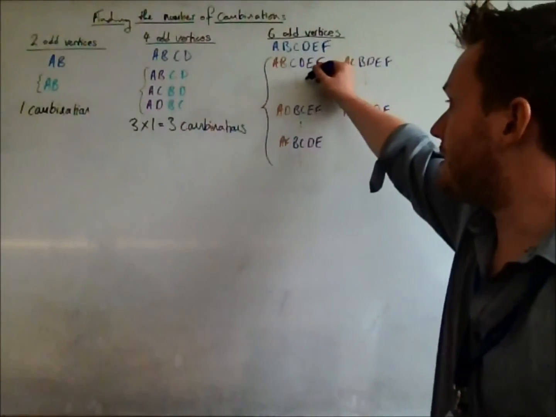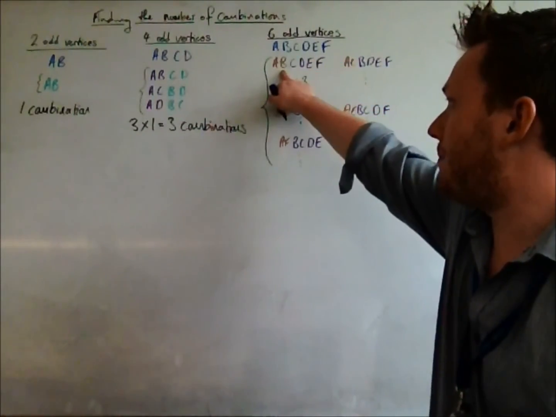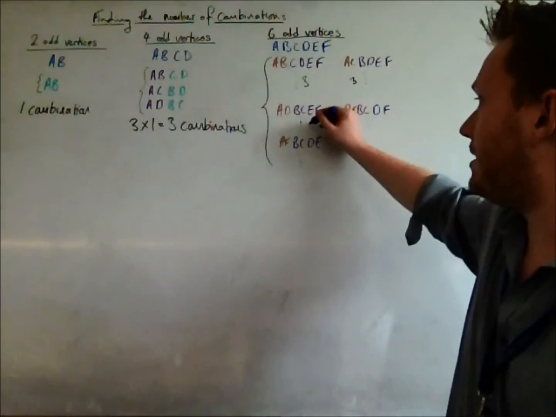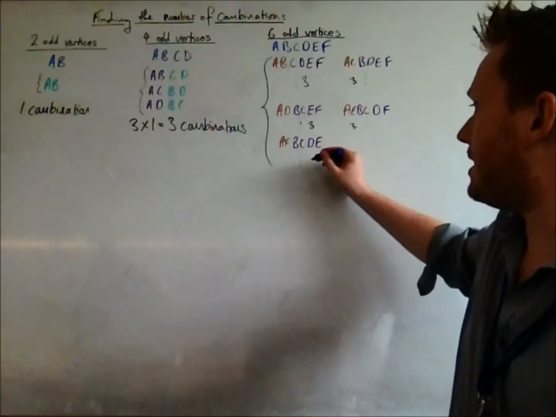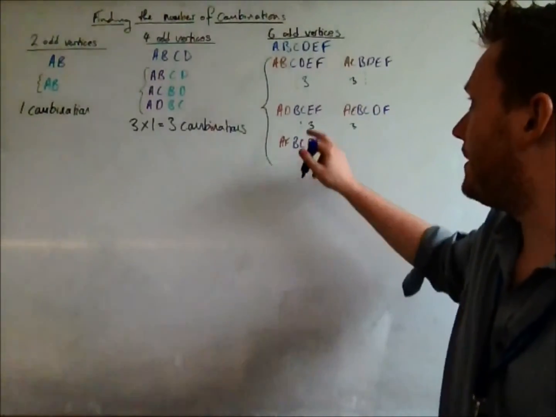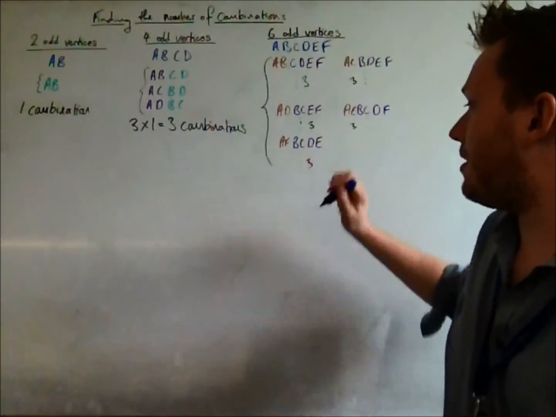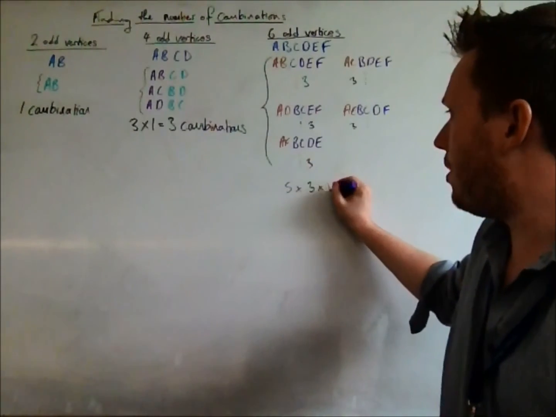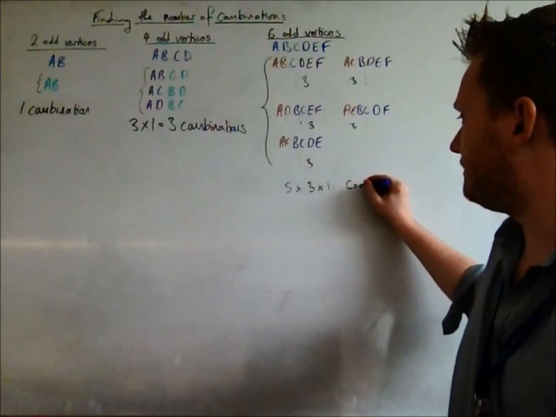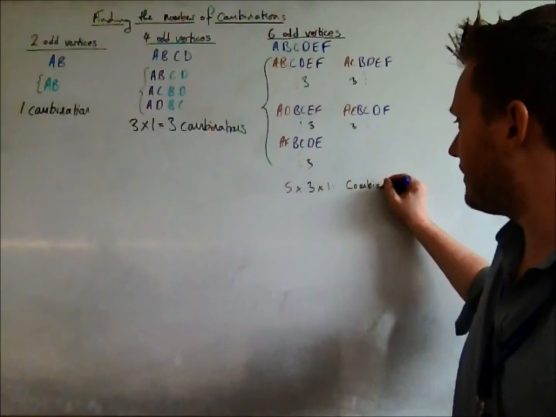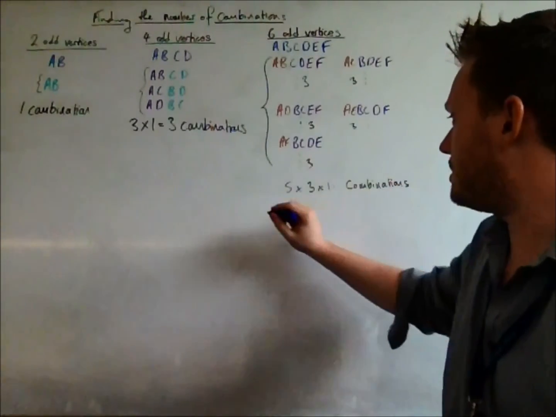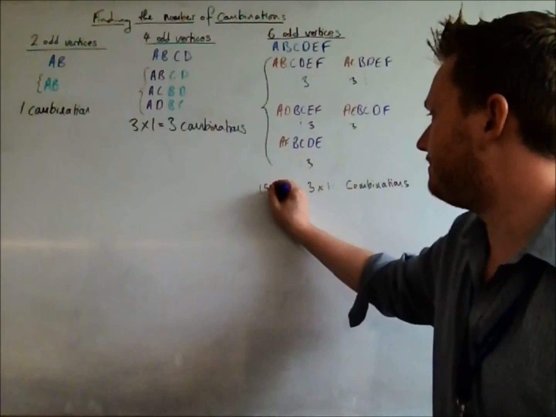So there's 3 ways of pairing up the rest when I pair up A and B. There's 3 here, there's 3 here, there's 3 here, and there's 3 for this one. 1, 2, 3, 4, 5 times 3 gives me 15.